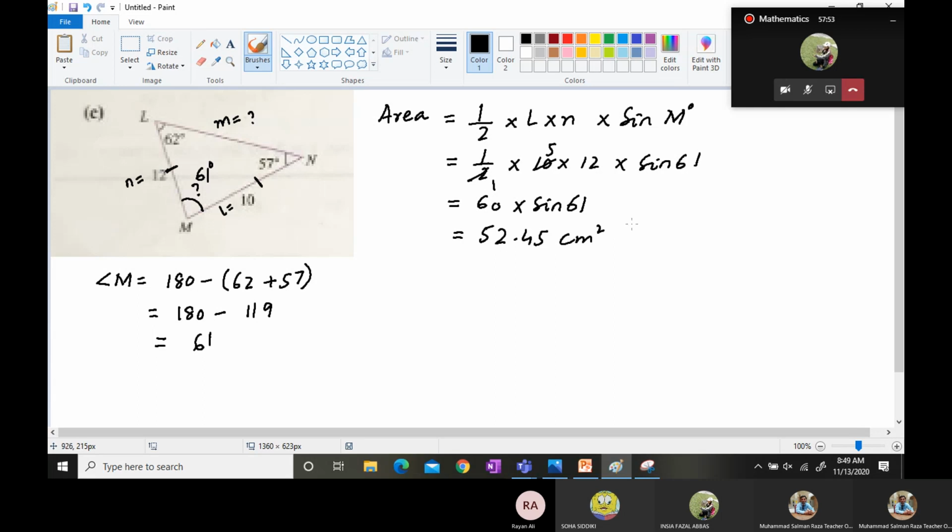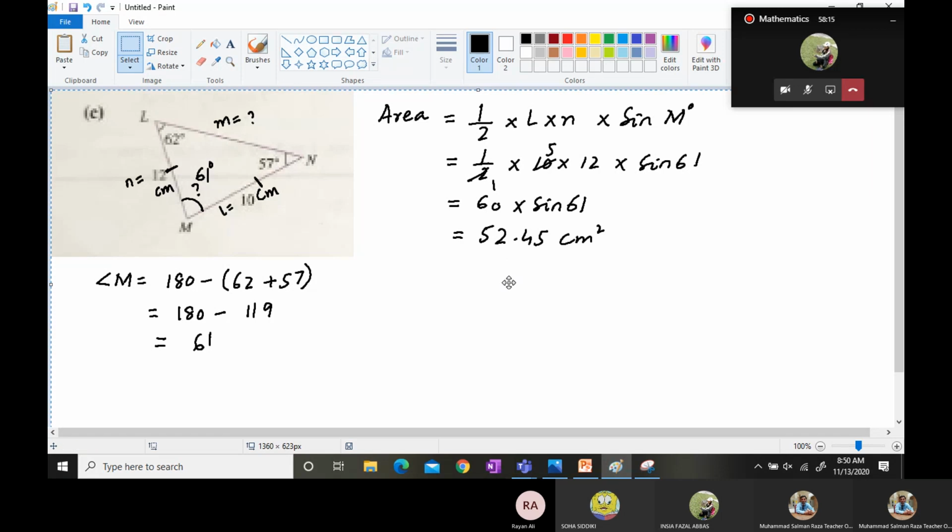As all lengths were given in centimeters, the area is 52.45 centimeters squared. And this is how we find out the areas of different figures.